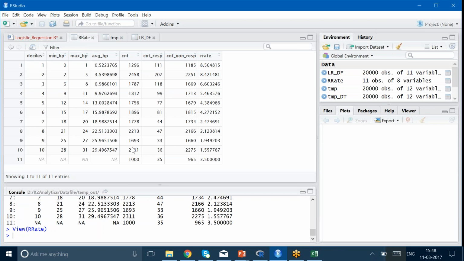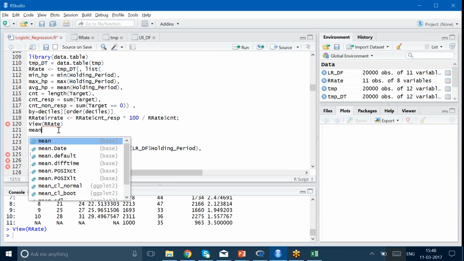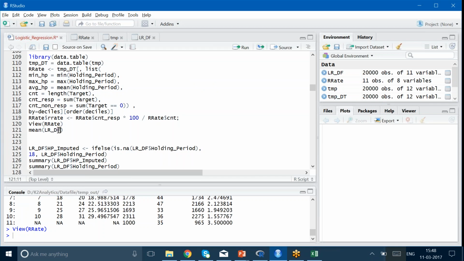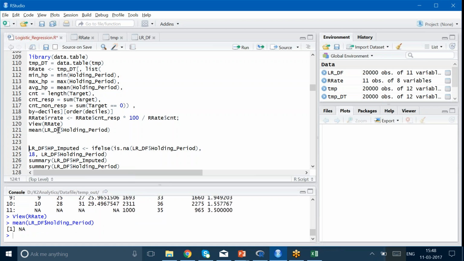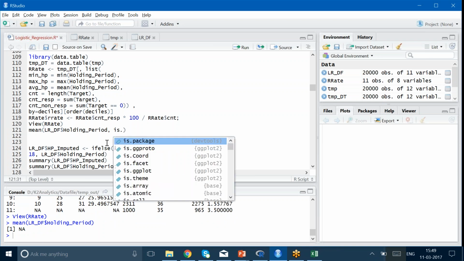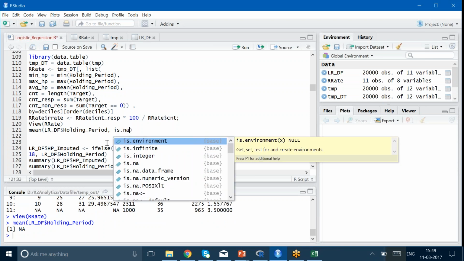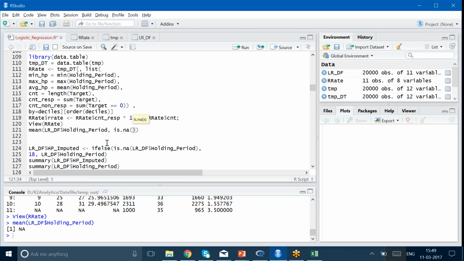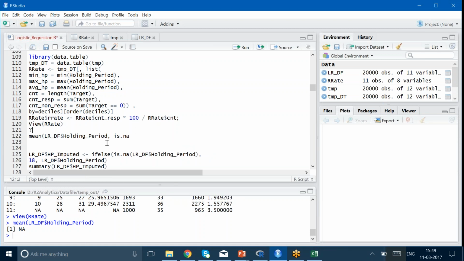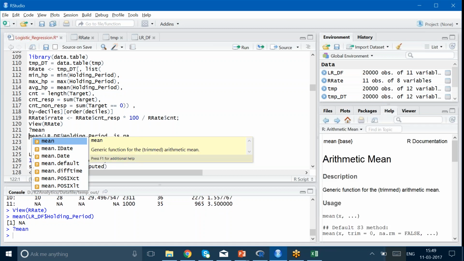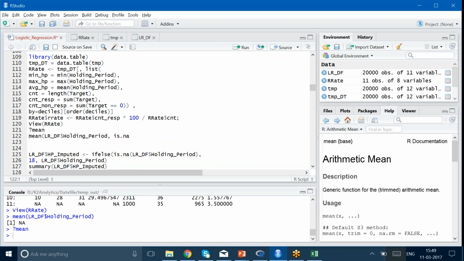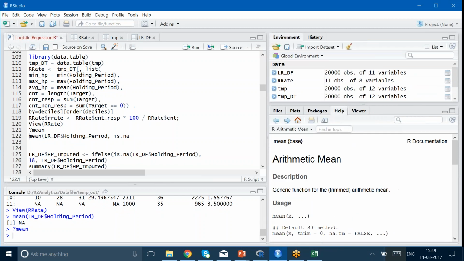The question is, why can't I compute the mean of holding period, with is.na, na.rm equal to false.